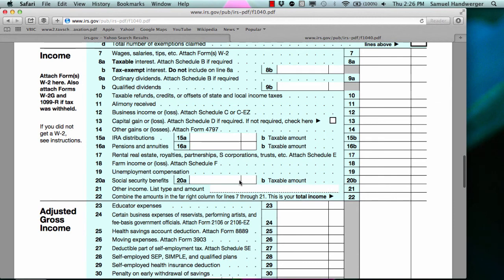Notice that Social Security benefits can be taxable. Line 20A, we put the full amount received as Social Security benefits if you're age 62 or over, or receiving Social Security benefits, I guess, for some other reason. And the taxable amount will depend on rules as to what is taxable out of the Social Security benefits or not.